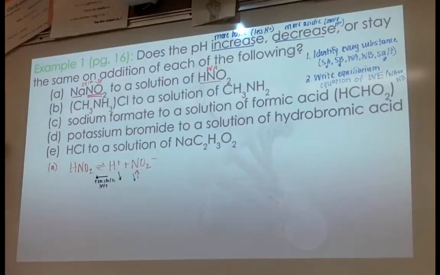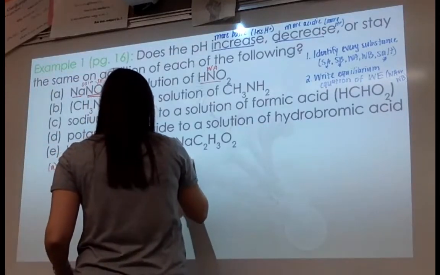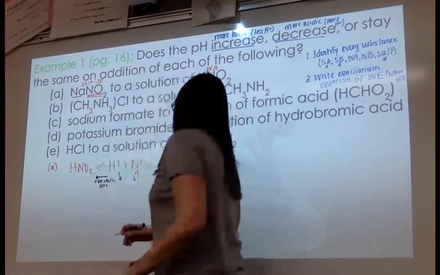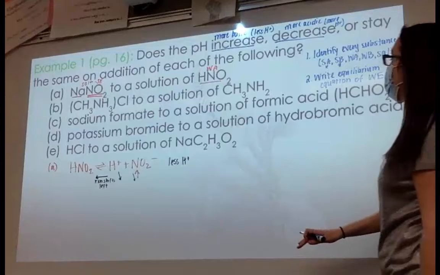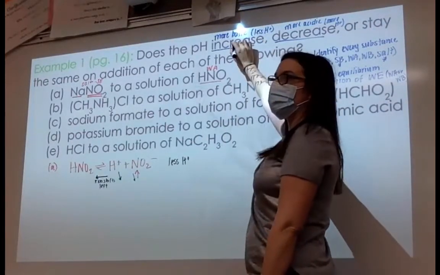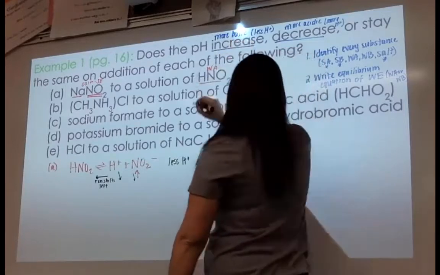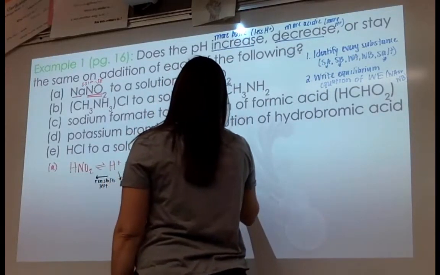So the question is asking what happens to pH. So we have less H plus. As the reaction shifts left, we have less H plus. Less H plus means it's becoming more basic. More basic means the pH increases.